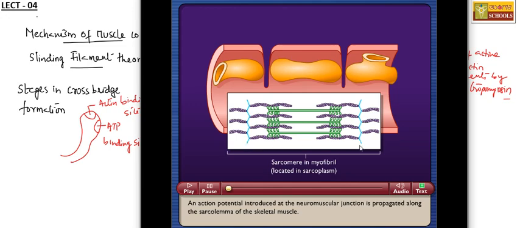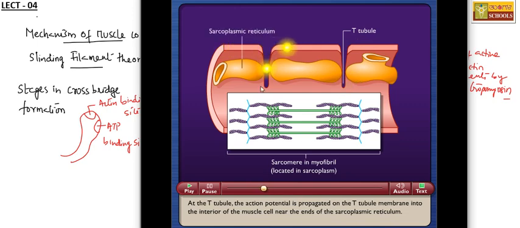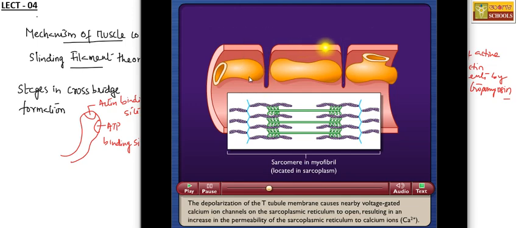From this Z line to this Z line is what we call a sarcomere. We'll see how it contracts.